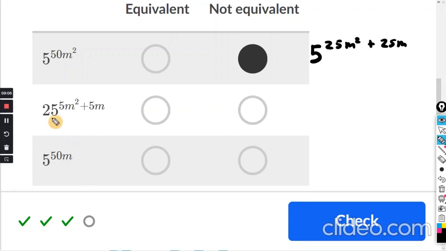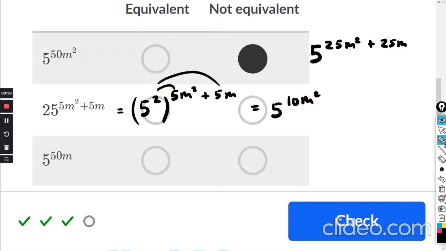Okay, next one up. 25 is the equivalent of 5 squared. And then the rest of the exponent is 5m squared plus 5m. All right, so we keep the 5, and that 2 gets distributed. 2 times 5m squared is 10m squared.